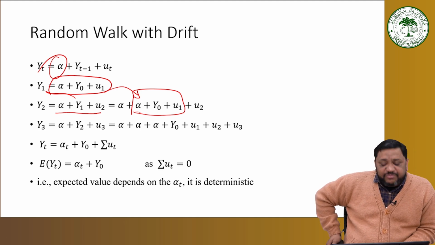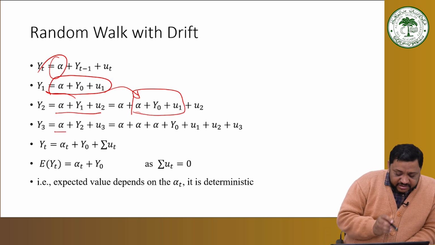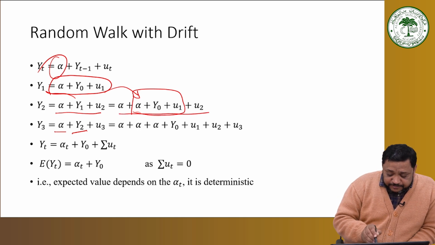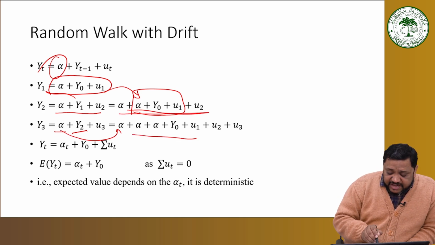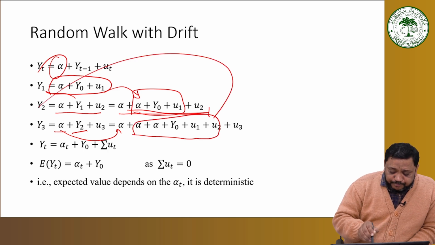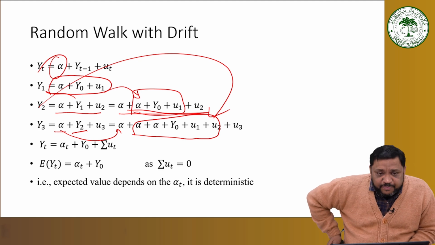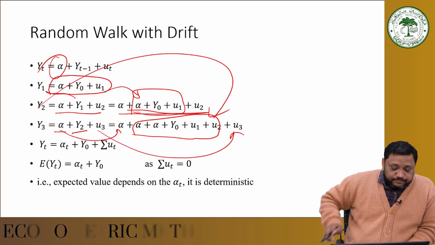Similarly, we do the same thing for y3. y3 is equal to alpha, the intercept, plus y2 plus u3, and y2 is this. So we write this alpha over here, and the entire expression up till here is nothing but your y2. So alpha plus y0 plus u1 plus u2, and then y3.